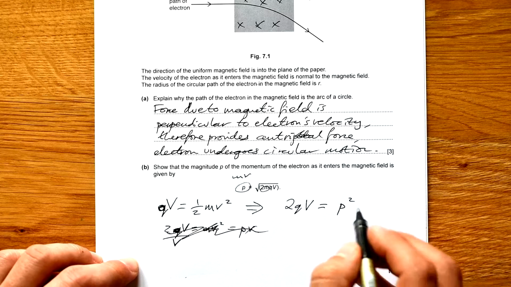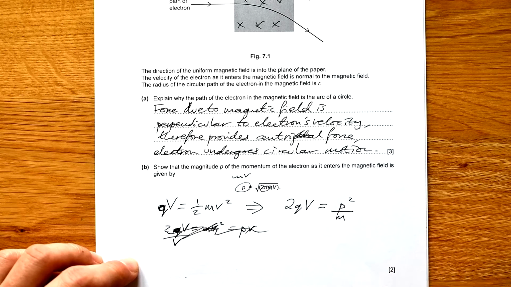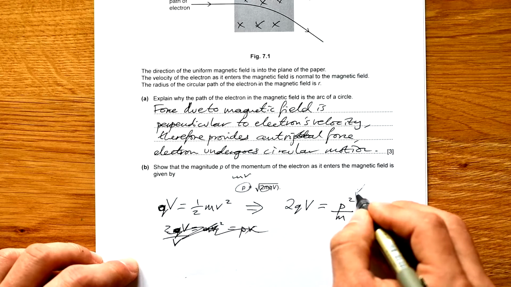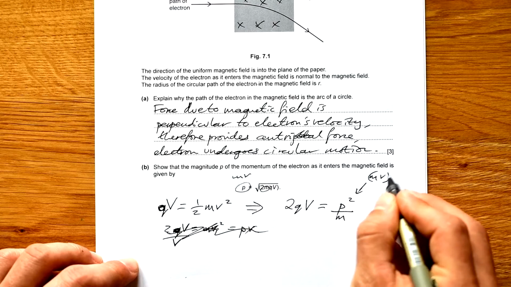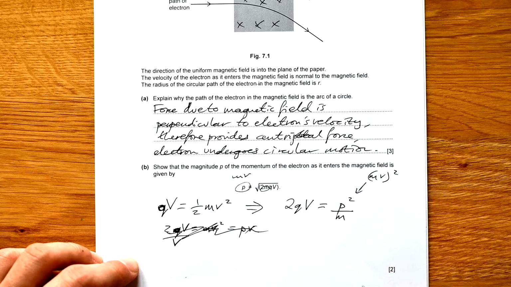So it's mv, but divided by a mass. So you can see that's mv all squared divided by m. That gives us mv squared. And so putting this over the other side, we end up with p squared equals 2mQV. Therefore, p equals the square root of that.